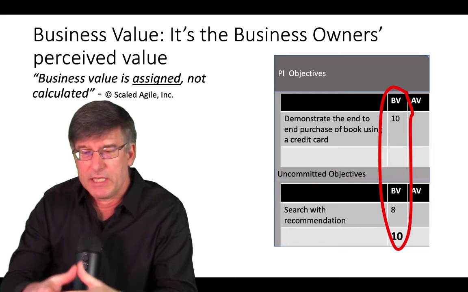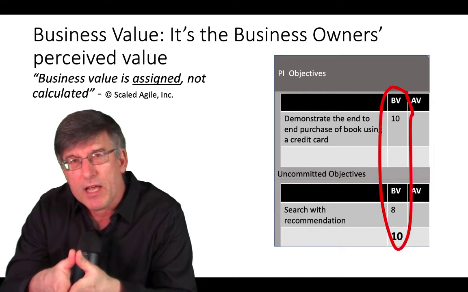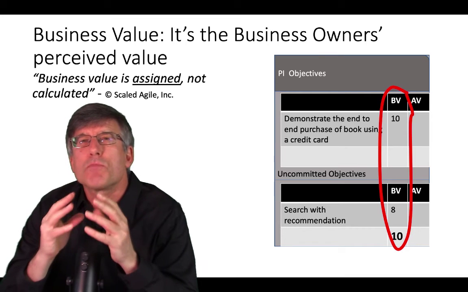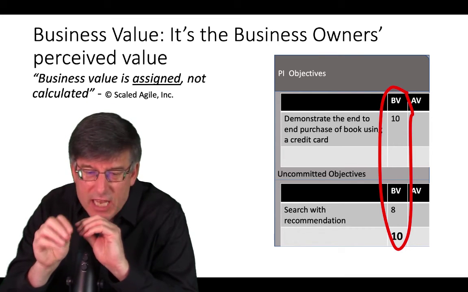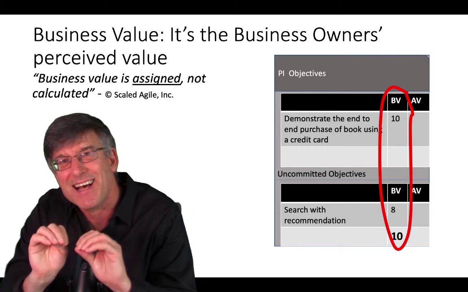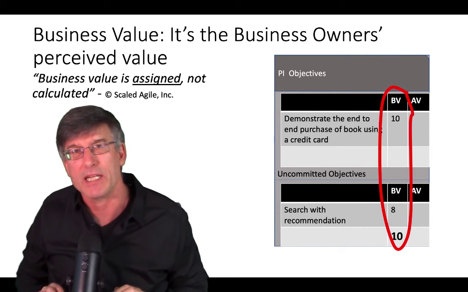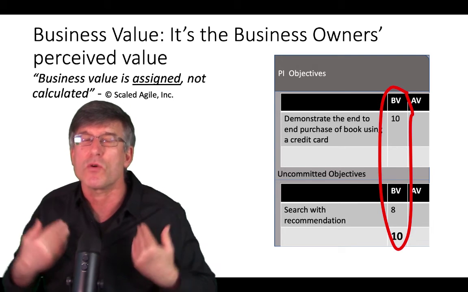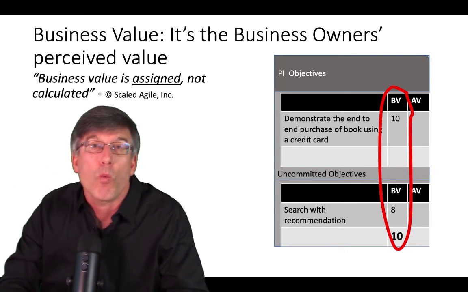And the business value, you have to understand, is the business owner's perceived value. Like SAFe itself says, business value is assigned, not calculated. Okay, so this is just my perceived value as a business owner of what this PI objective is worth.